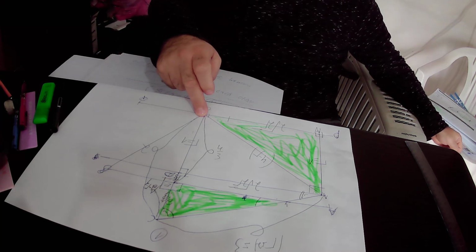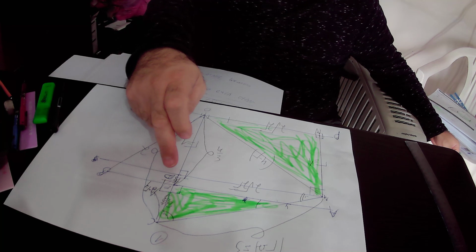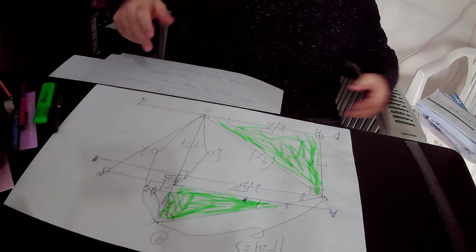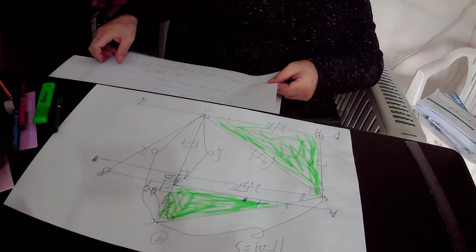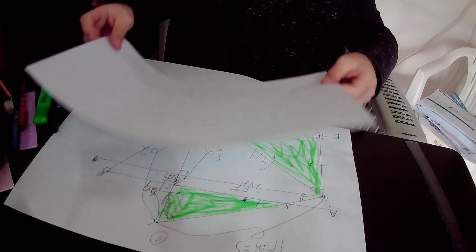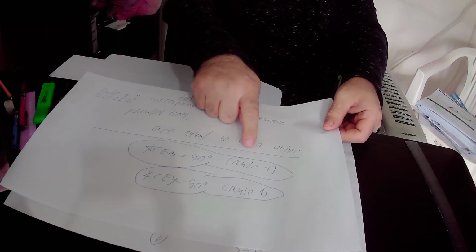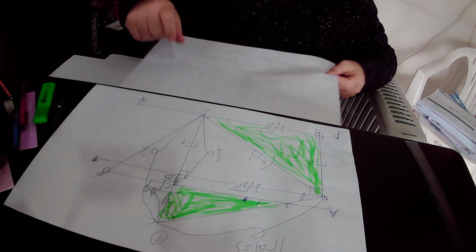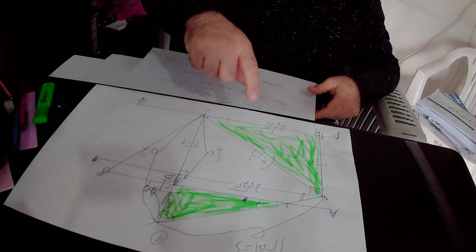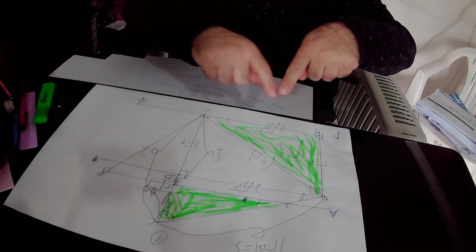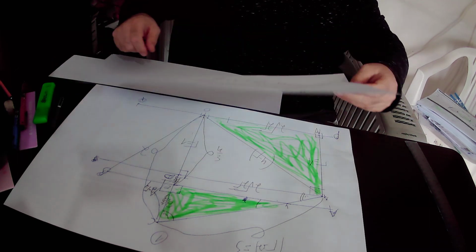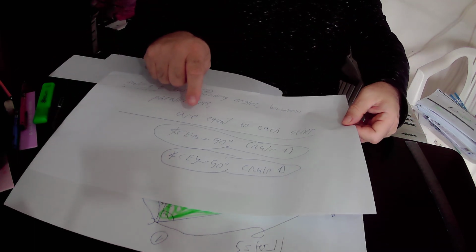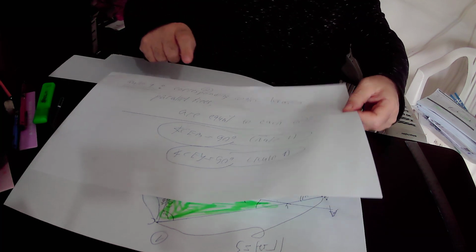This angle is a right angle, and this angle is angle CEB, that is to say, angle CEB equals 90 degrees according to rule number 1. Because those two angles are corresponding angles between the parallel lines AB and PQ, according to rule number 1, they are equal to each other. That is to say, angle CEB equals 90 degrees.